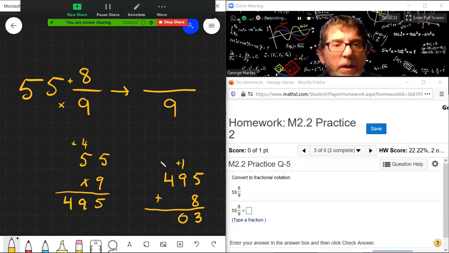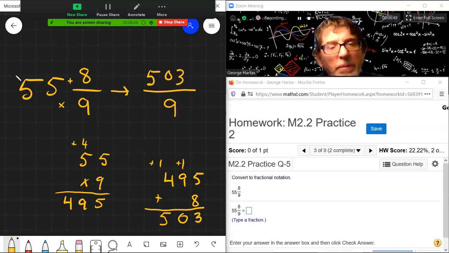Carry the 1. 1 and 4 is 5. So 503 goes here. 9 times 55 is 495. 495 plus 8 is 503. That goes on top.